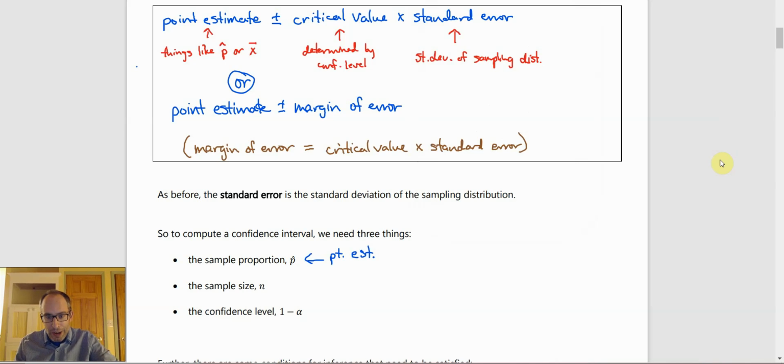You need the sample size, which is also in the standard error. And then the confidence level, you need that for the critical value, which I'm just going to abbreviate as CV. That's where it factors in. The confidence level is going to give you that piece.